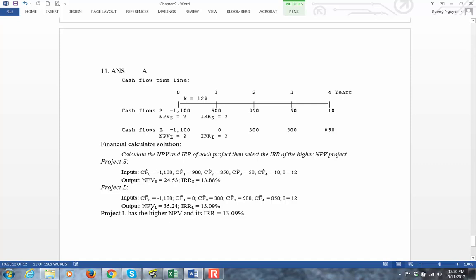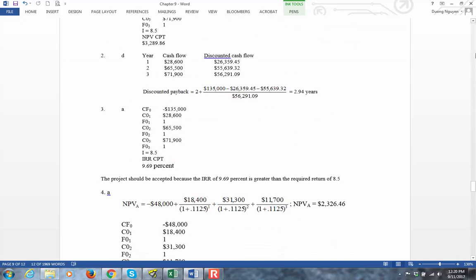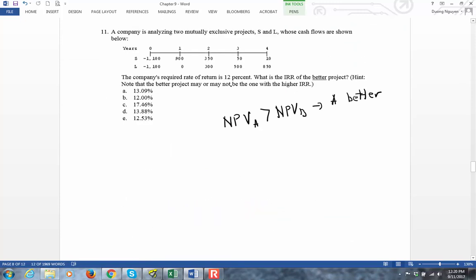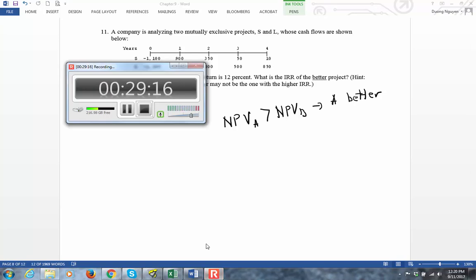NPV of L is 35.24, higher than NPV of S. So the answer is IRR of L, 13.09. What is the IRR of the better project? 13.09. For this chapter, everything is pretty straightforward.